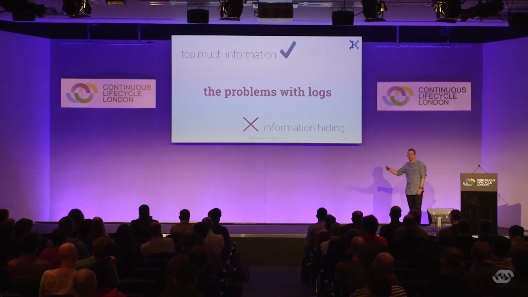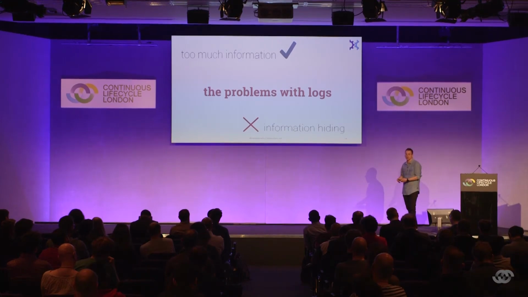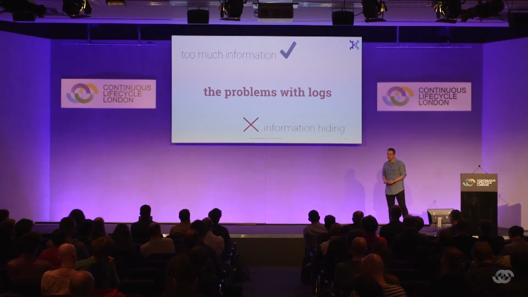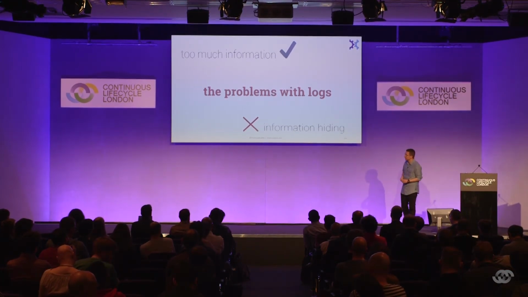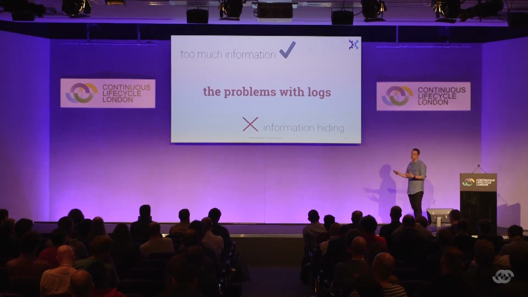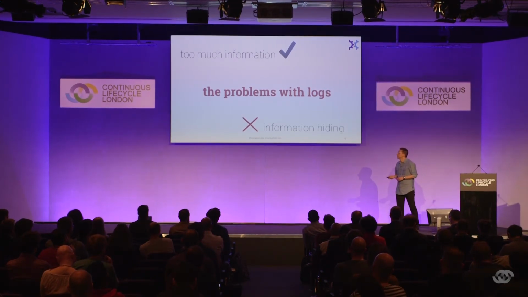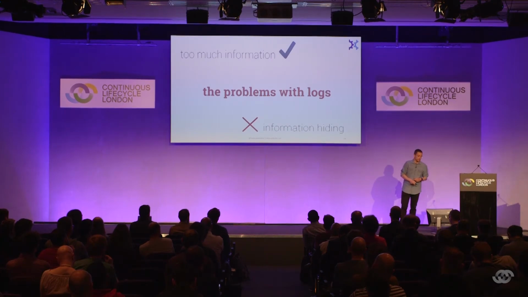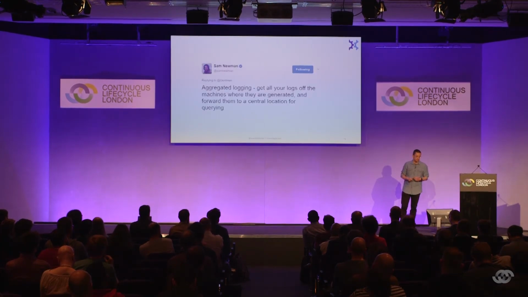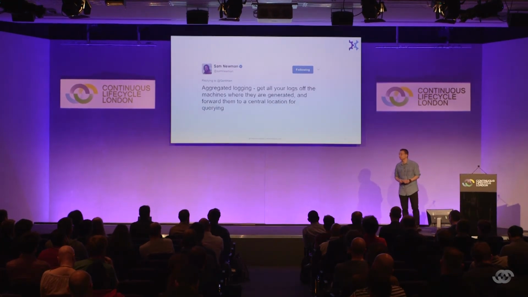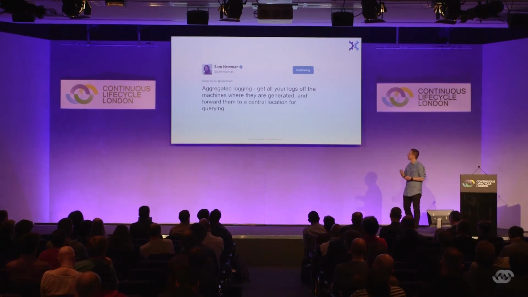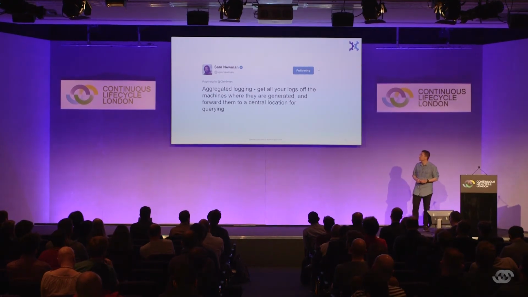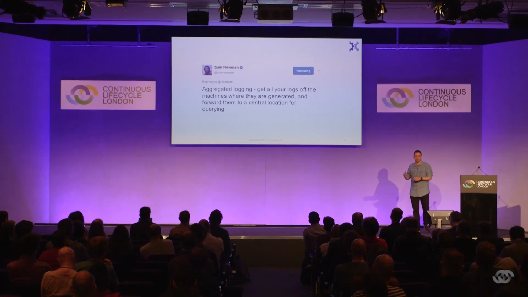I might ask the vendor or the creator of the tool to improve the logging. If it's open source, I might actually try to do it myself and make a pull request. But typically, that's more out of our control. If we have too much information in our logs, we can use log aggregation. Sam Newman has a very straightforward definition.